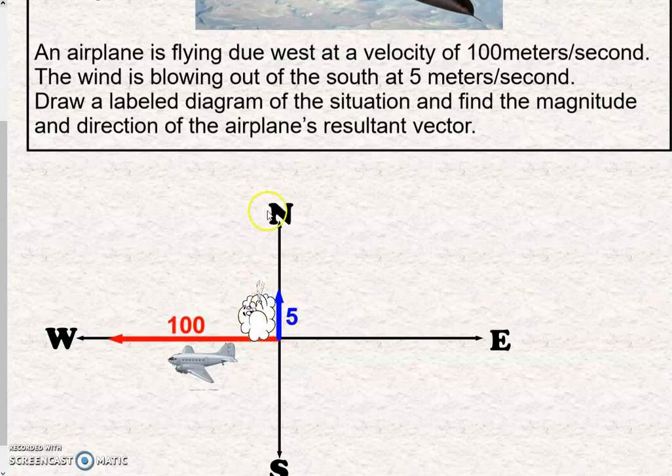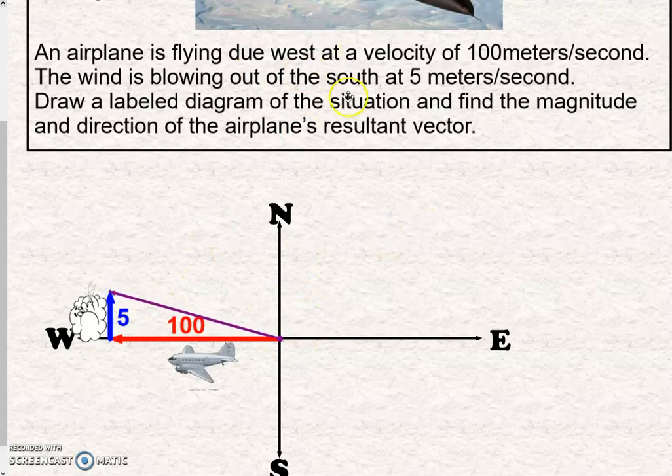So if I want to find the resultant vector, it might be a good idea to tip to tail these two vectors. I'm going to draw in this 100 for the plane, and then the wind pushes it up 5. If I tip to tail those two vectors like that, I end up getting my resultant vector going right there.